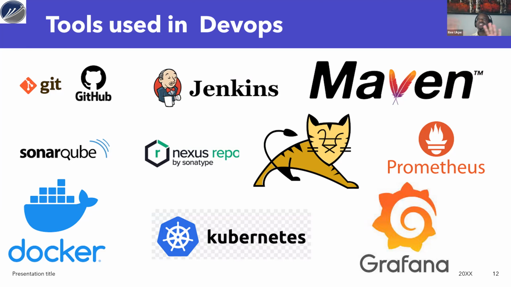Now, if you want to be on the continuous delivery side, most companies are doing what they call modern applications now, with the use of containers, containerization. So you will be required to know how to create containers and how to do deployment using Kubernetes, right? So Docker Hub and Kubernetes will be your specialization, right?